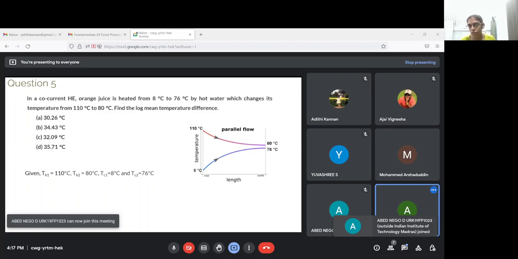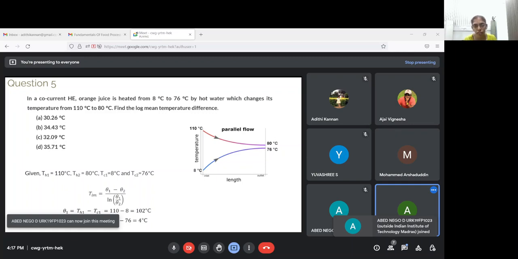Okay, theta 1 is 102 and theta 2 is 4. Again, if you calculate theta 1, it will be the temperature difference at the start, 110 minus 8 degrees Celsius, which is 102, and theta 2 will be 80 minus 76, which is 4 degrees Celsius.